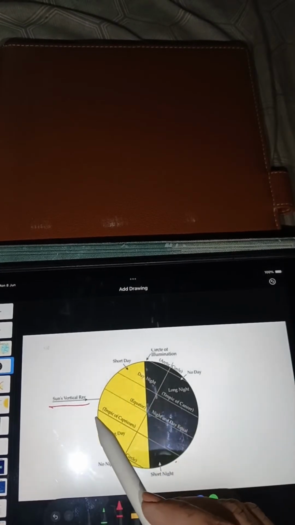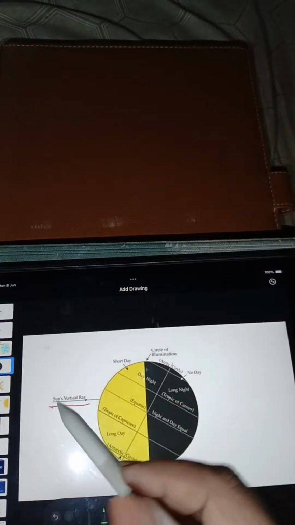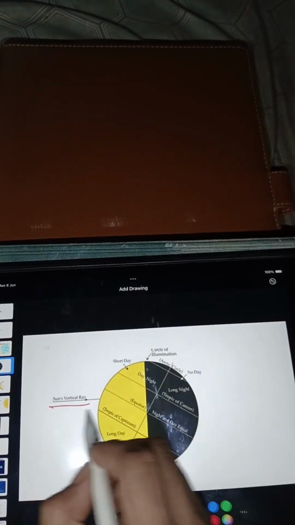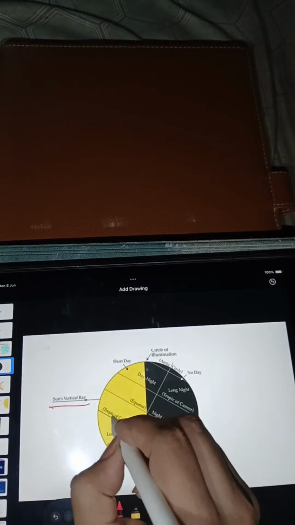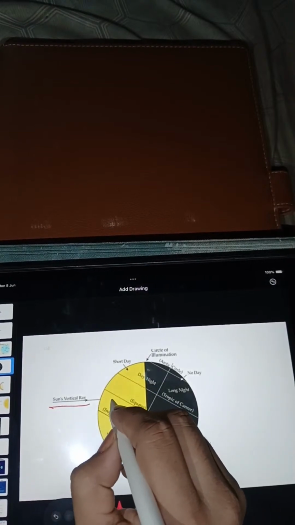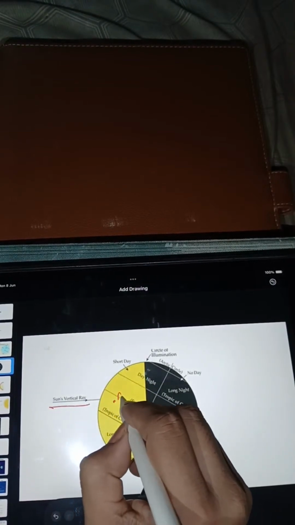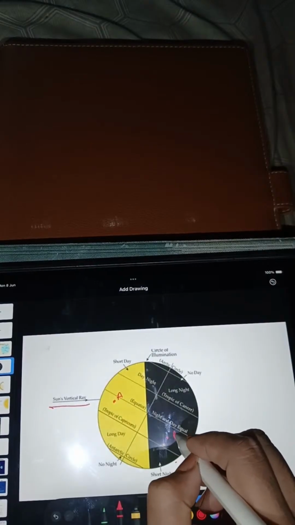As the earth is spinning, the portion that is getting sunlight or sun rays is facing day. Suppose there is a point A over here and a point B over here.